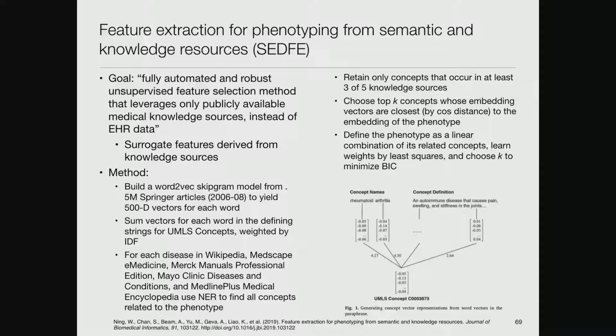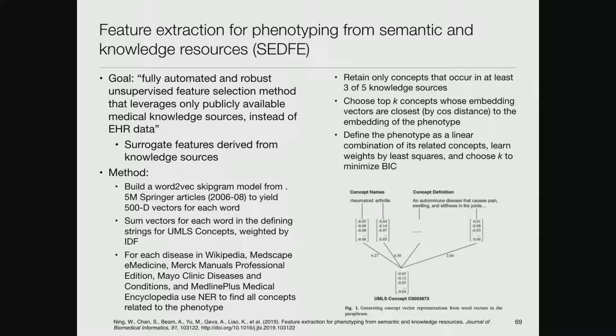So it's sort of a TF-IDF-like approach to weight different words. And then they went out and they said, okay, for every disease that's mentioned in Wikipedia, Medscape, eMedicine, the Merck Manuals Professional Edition, the Mayo Clinic Diseases and Conditions, Medline Plus Medical Encyclopedia, they used named entity recognition techniques to find all the concepts that are related to this phenotype.